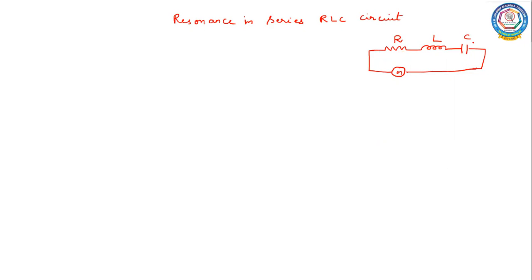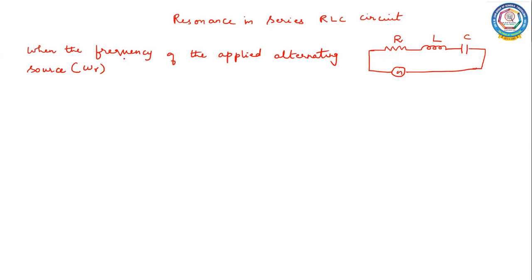Now resonance occurs in a series RLC circuit when the frequency of the applied alternating source, that is represented as omega r, is equal to the natural frequency of the RLC circuit. Omega r represents the frequency of the applied alternating source, which is the voltage applied here.